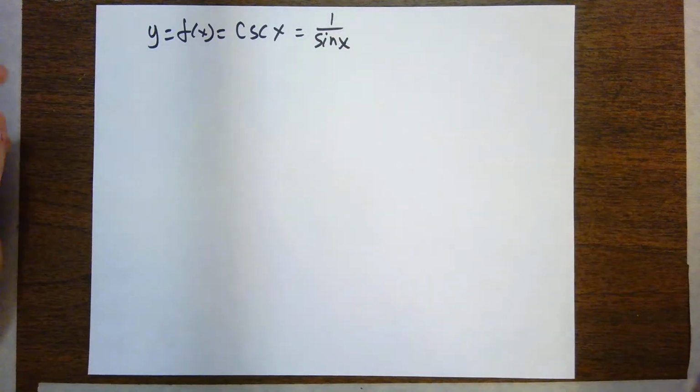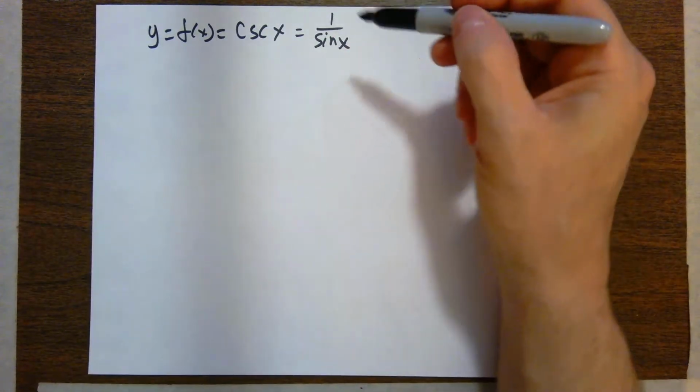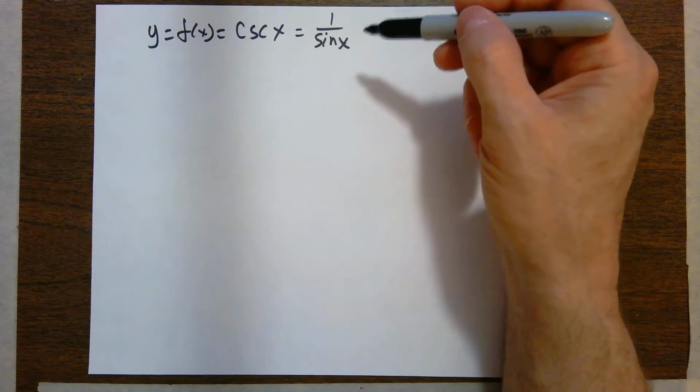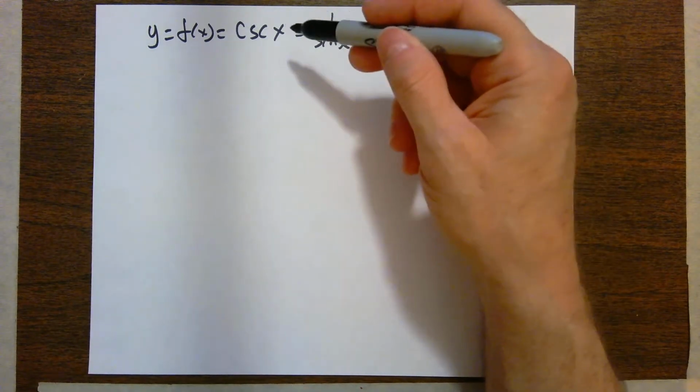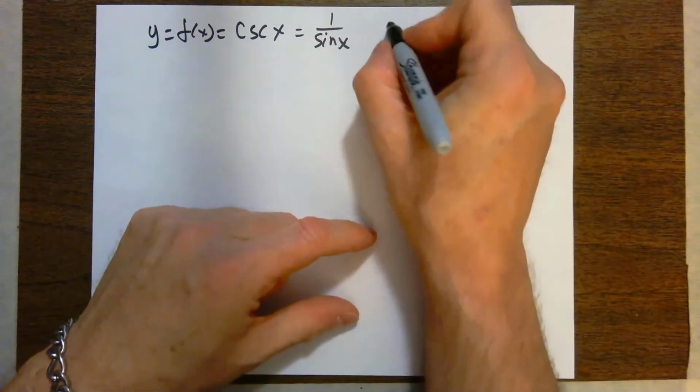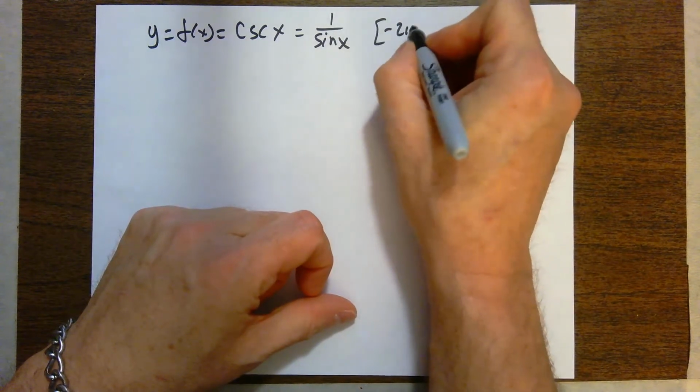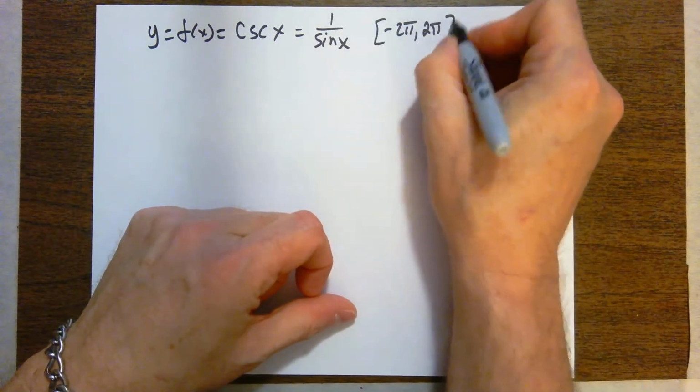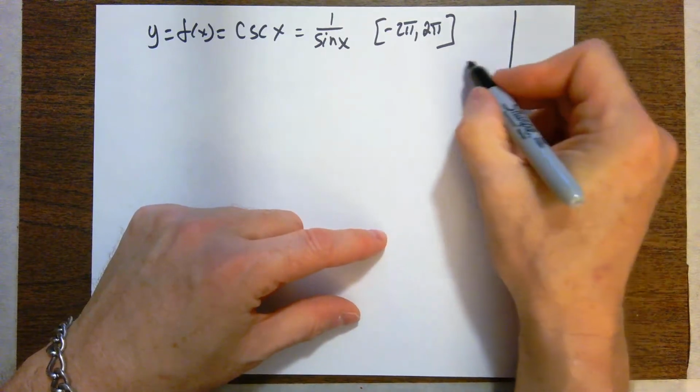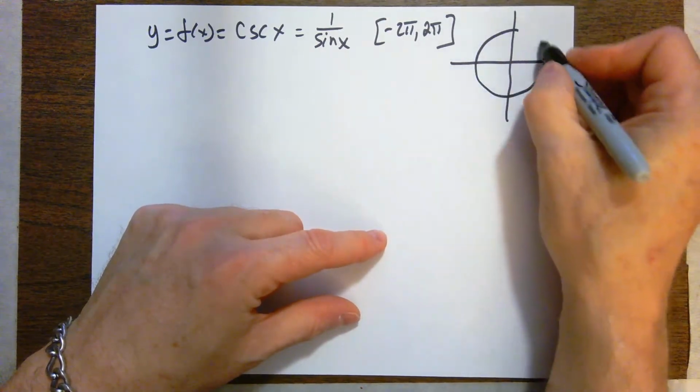While I'm doing this in my head, I'm really going to be asking myself, well, what's the sine value? And then 1 over that would represent the cosecant. We're going to do it over the same interval from negative 2 pi to 2 pi. Let's draw my little helper.